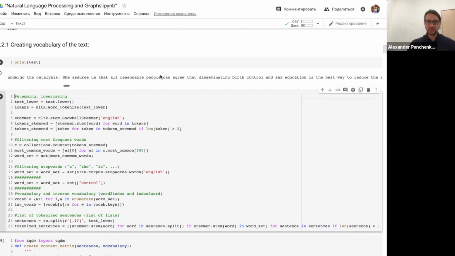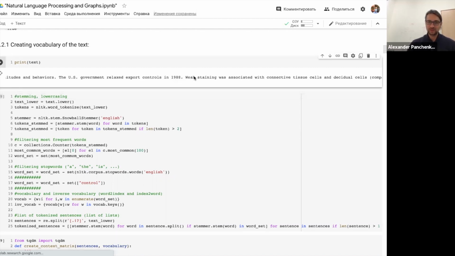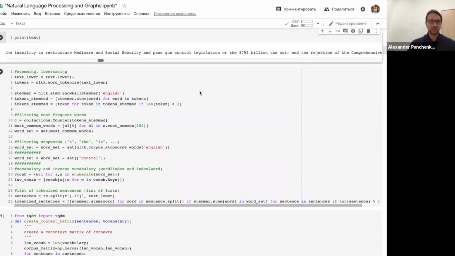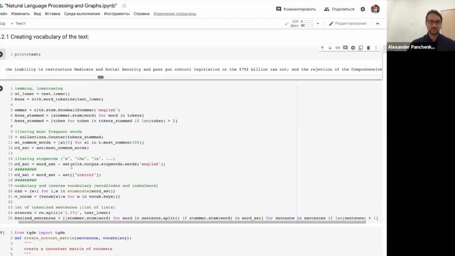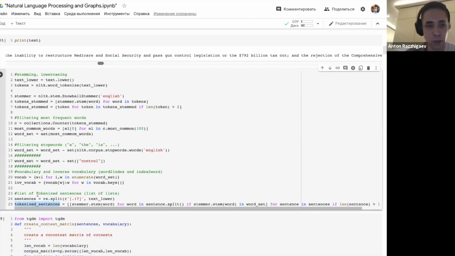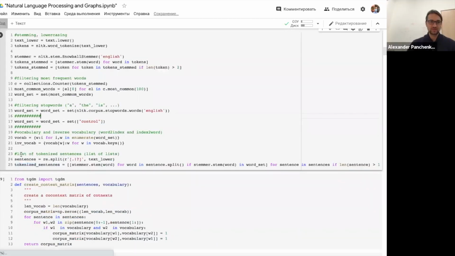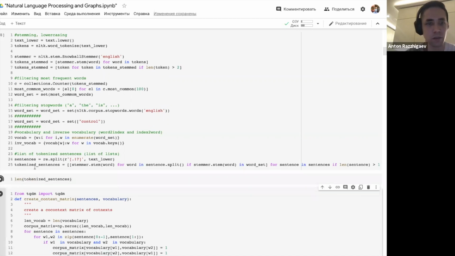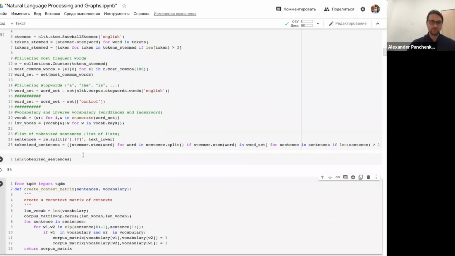You concatenated many texts here, right? Yes, just with a dot and space. Can you split it to see how many texts you have there? Maybe like tokenized sentences, we can see the length of our list. 94 sentences.